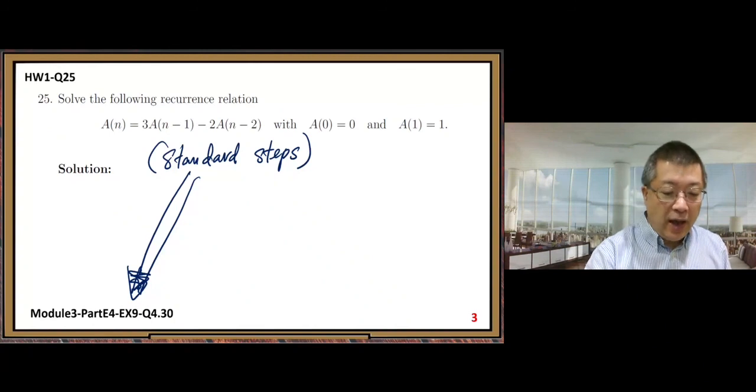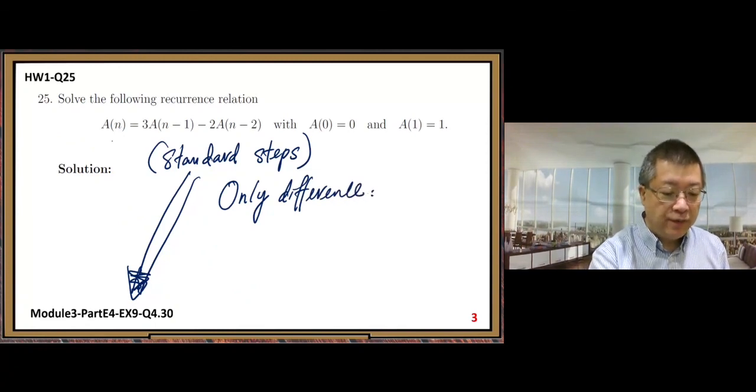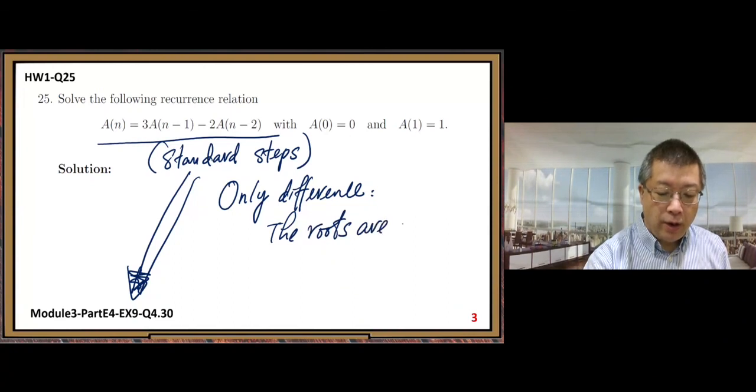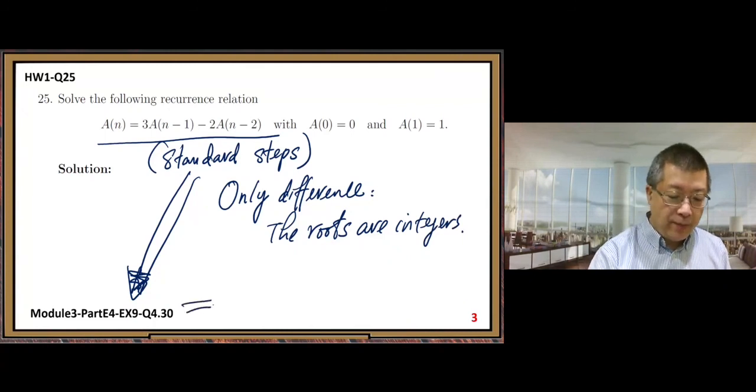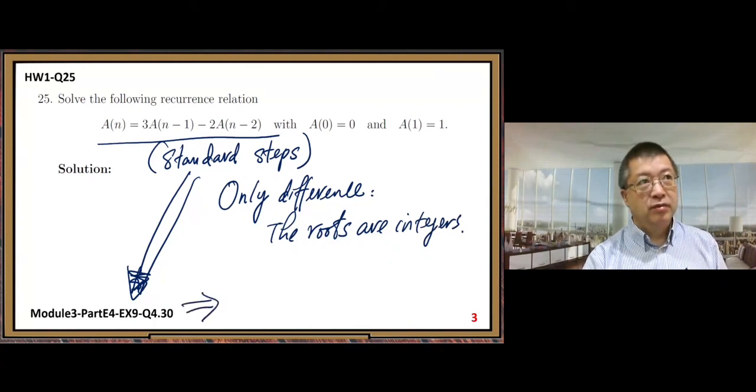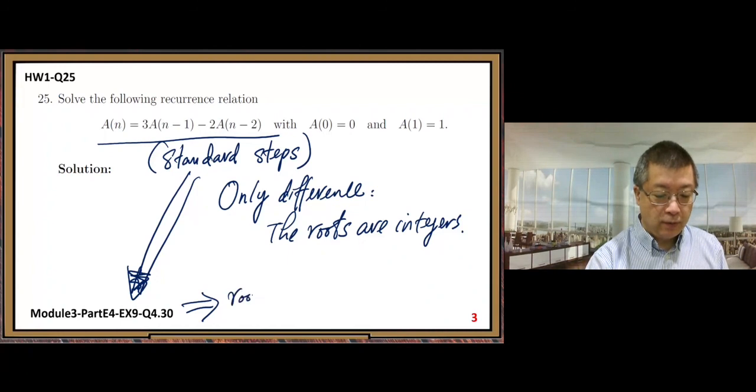But here, the only difference is that in that example the roots are integers, and in this example the roots are radical numbers.